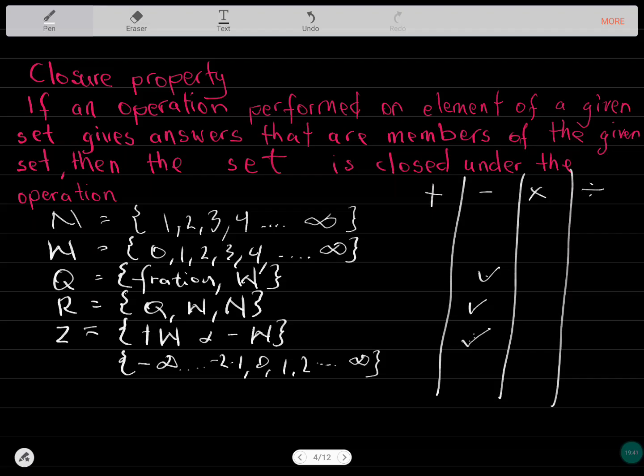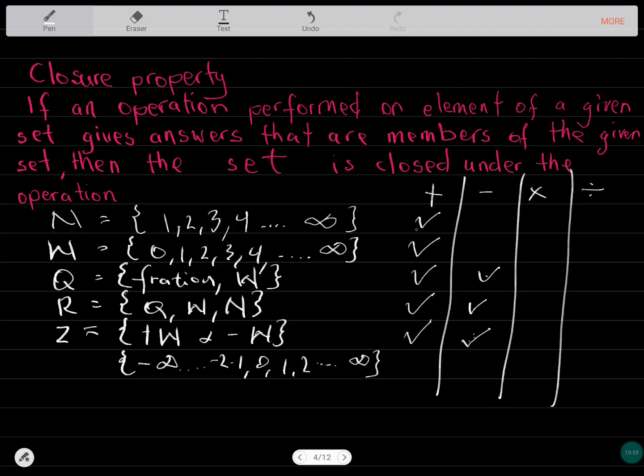But when we come to addition, natural numbers, whole numbers, integers, rational numbers, and real numbers are all closed under addition.